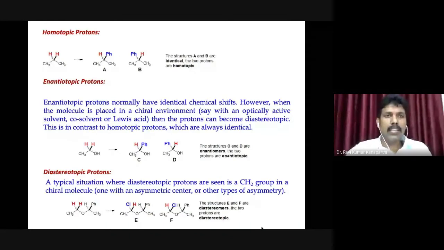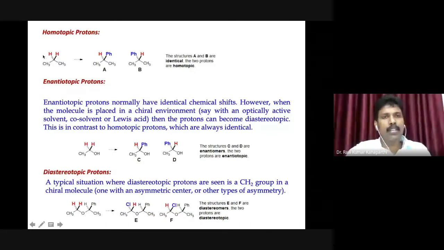We are discussing the homotopic protons. This is a propane molecule. For the sake of clarity, I have written one proton projecting towards us, and one proton on the rear side. I have written it just for a small notation; we can write as we wish.